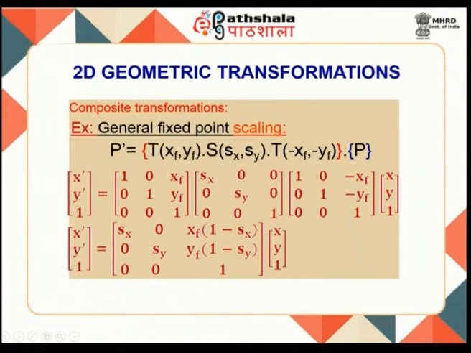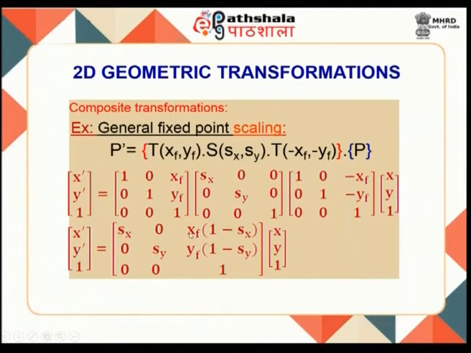Whatever is in the braces is a set of transformations to be composited. When we multiply all three, we get a scaling matrix with sx, 0, 0, sy and two more non-zero elements in the third column: xf(1 minus sx) and yf(1 minus sy).